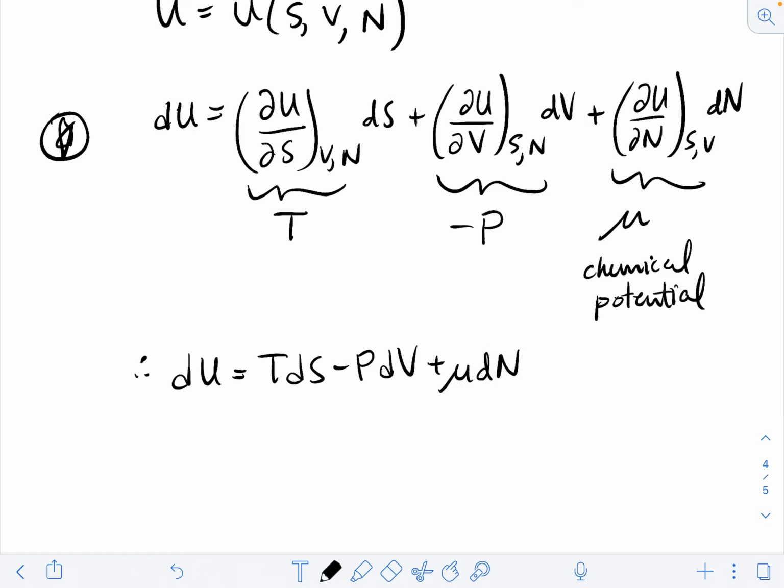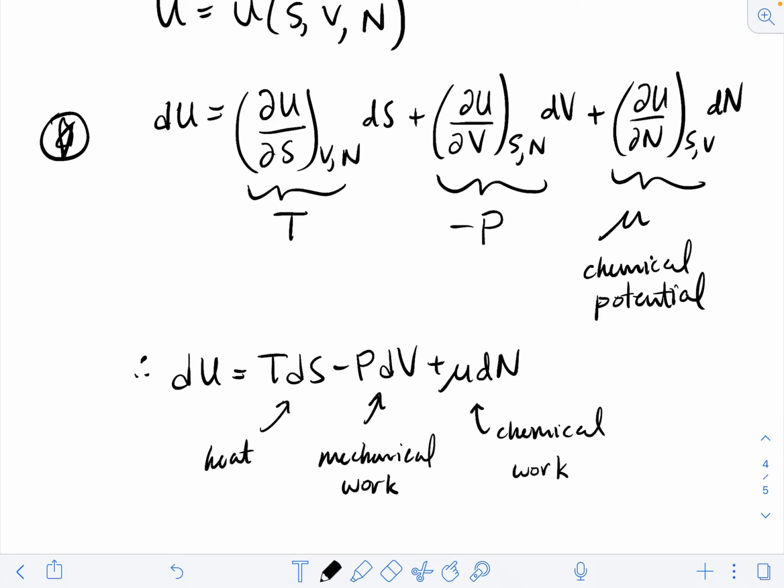dN. And what we have here is, this is the heat, dq is TdS. This is the mechanical work, a change in the physical size of the system, and this is going to be identified as chemical work, a change in energy due to a change in particle number.